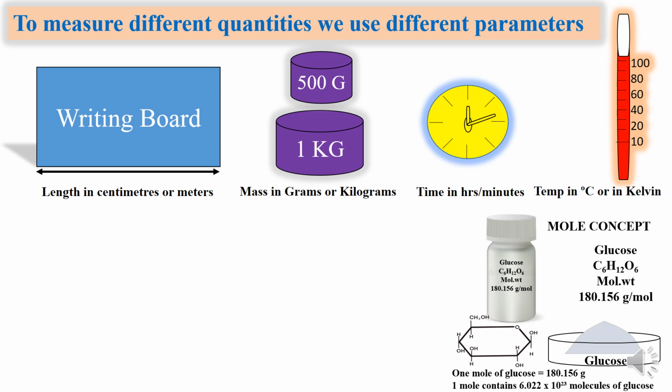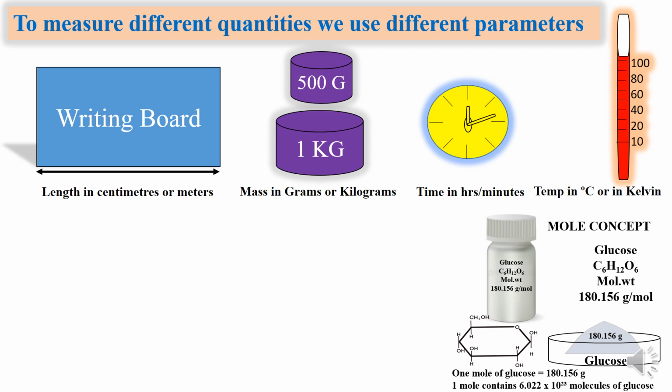Now, the molecular formula for the chemical substance glucose is C6H12O6. 1 mole of glucose is equivalent to 180.156 grams of the substance. That is to say, 1 mole contains 6.022 into 10 to the power of 23 molecules of glucose.